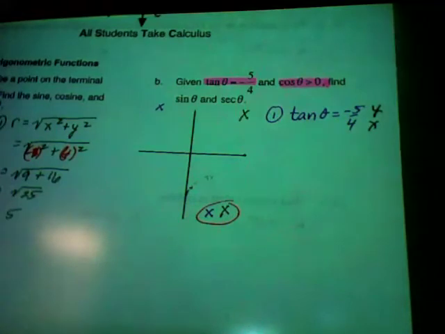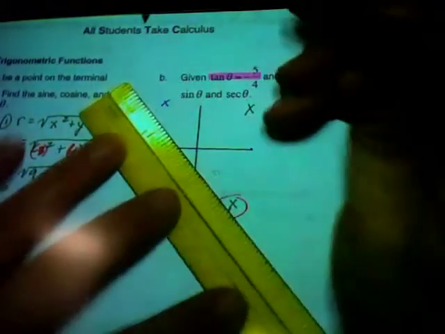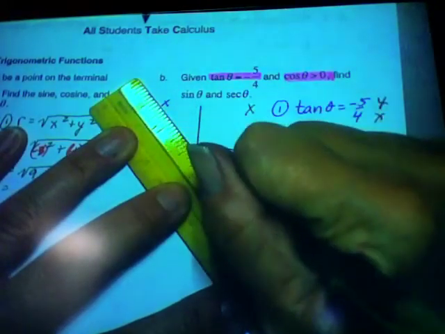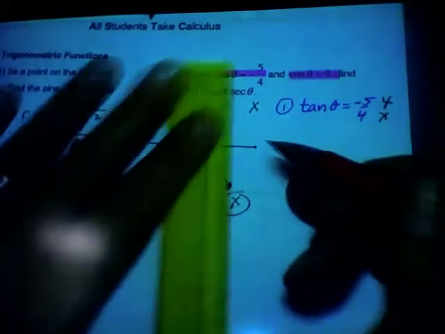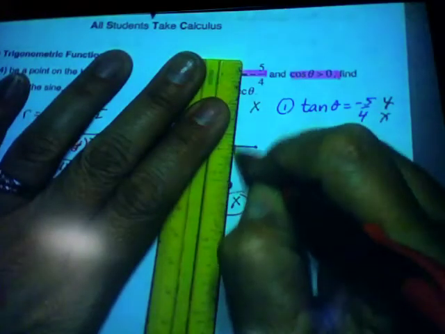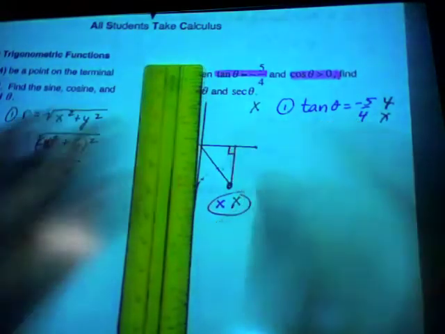And that's important because I'm in quadrant 4. It doesn't really matter where you put it. I'm losing my voice, sorry. I'm going to go ahead and go vertically up, create that reference triangle right here.